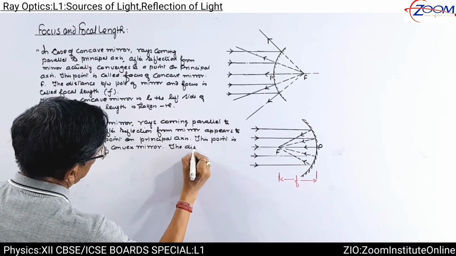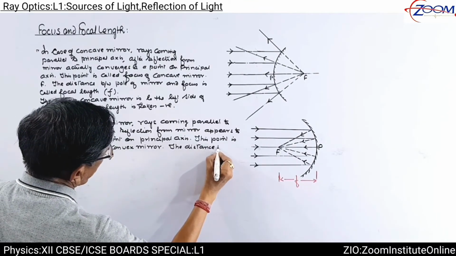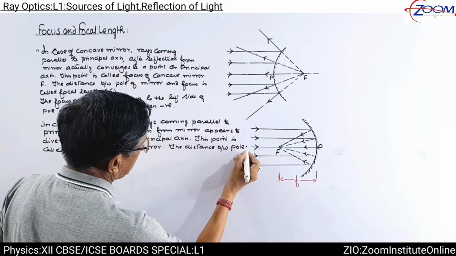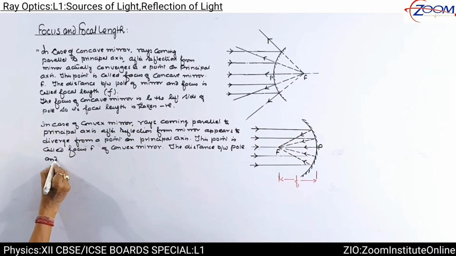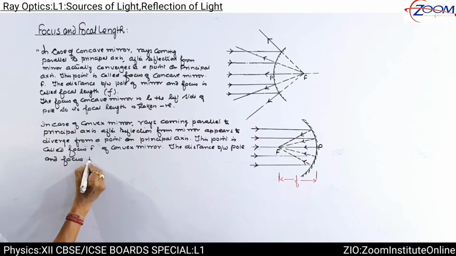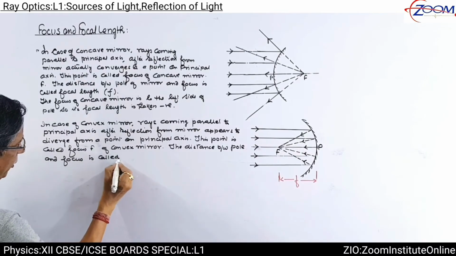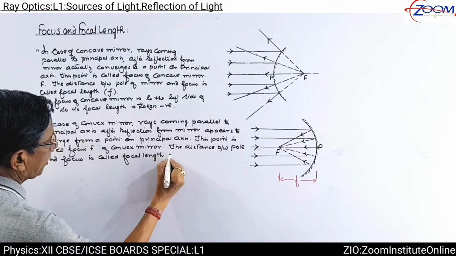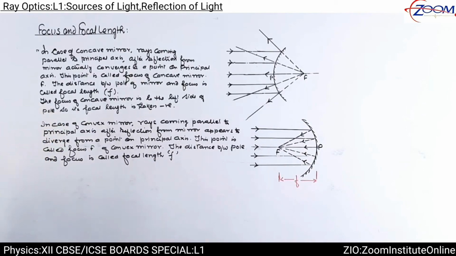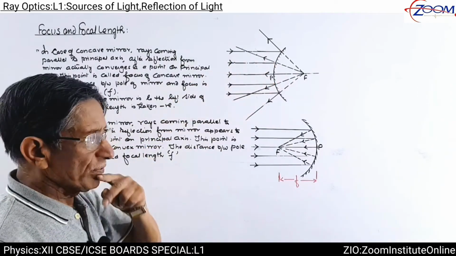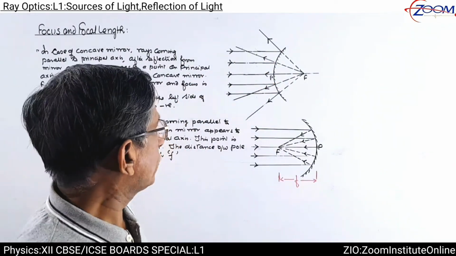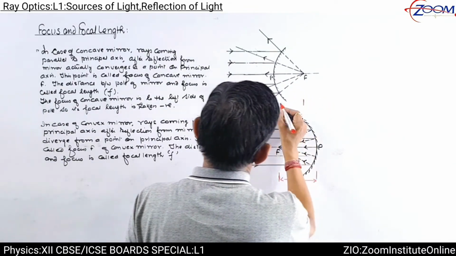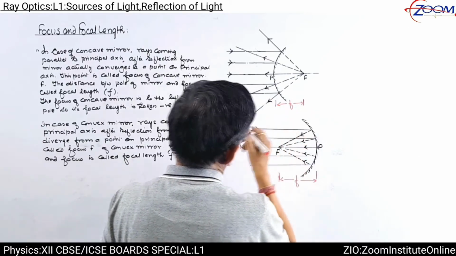The distance, children, between pole and focus is called focal length. So in this case, what is the focal length? The distance between pole and focus is called focal length. So this distance is called focal length.